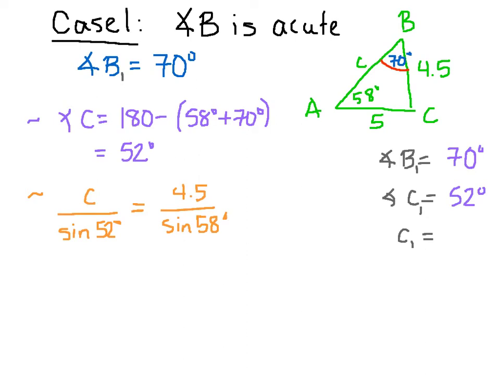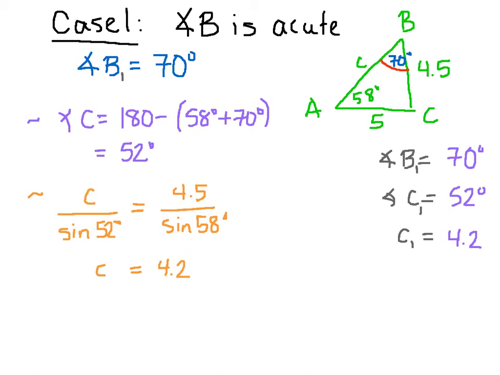When you solve this, you find out that C ends up equaling 4.2. So for case 1, angle B sub 1 is 70 degrees, angle C is 52, and side C is 4.2.